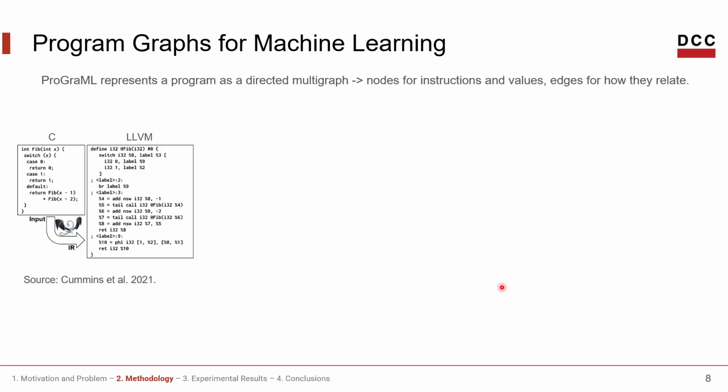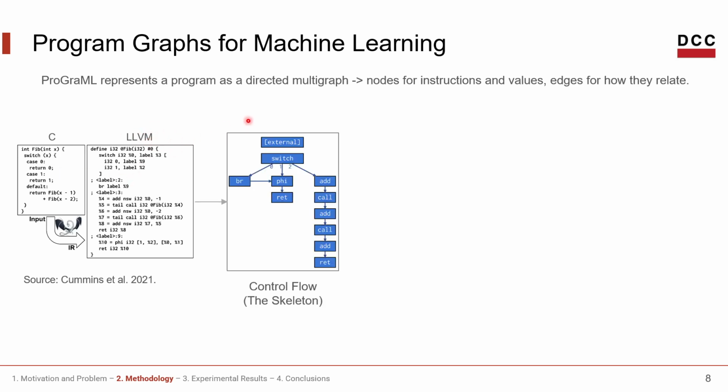So as you can see in the example here, initially I have a piece of seed code that gets transformed into LLVMIR. And from there, the nodes of the graph are created from the instructions and connected by control flow edges.